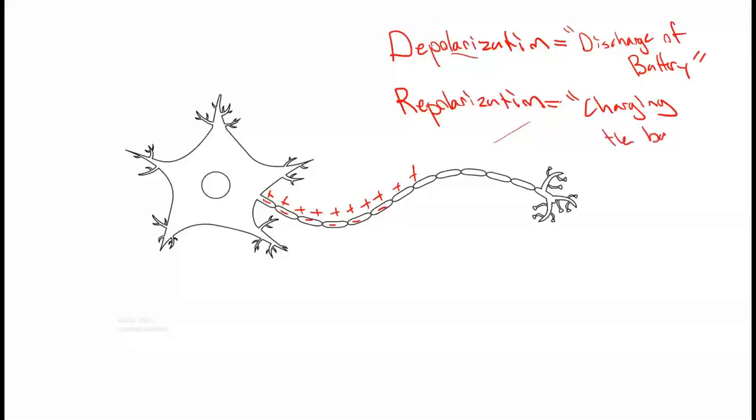And neurons are constantly being depolarized, meaning they're expelling their energy, and then they're constantly being repolarized. They're constantly being charged back up. So they dissipate their voltage, they charge back up, they dissipate their voltage, they charge back up. And in the whole process, it ends up being this elaborate system that is used by the body to detect signals and transfer those signals from one place to another.